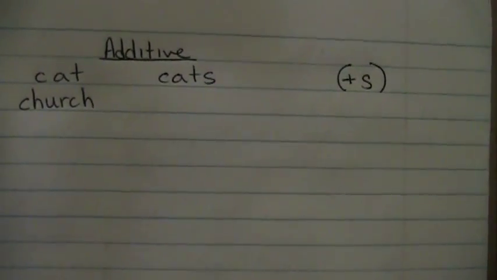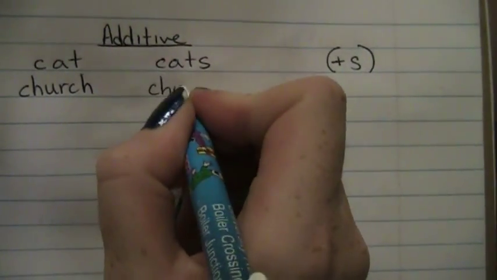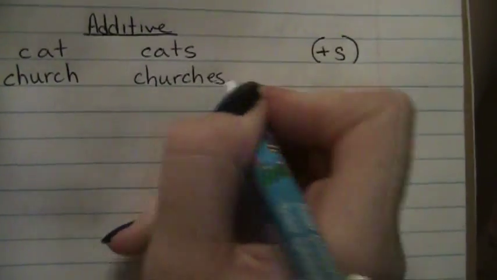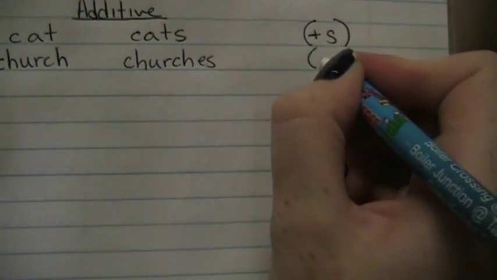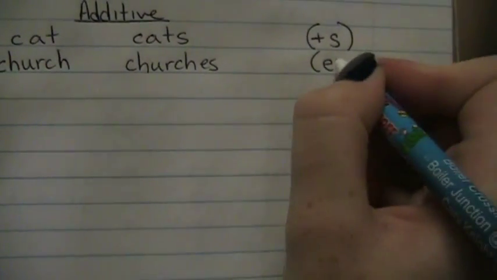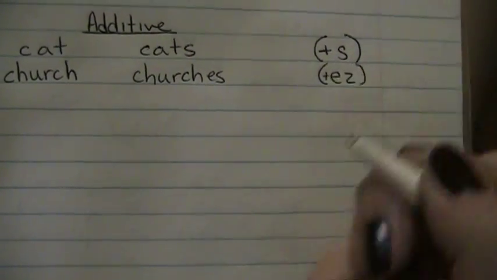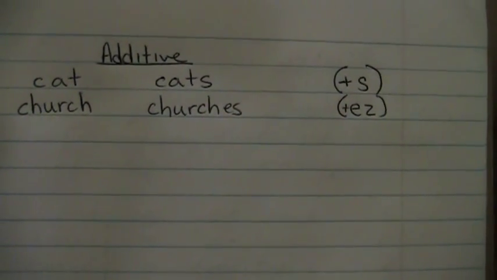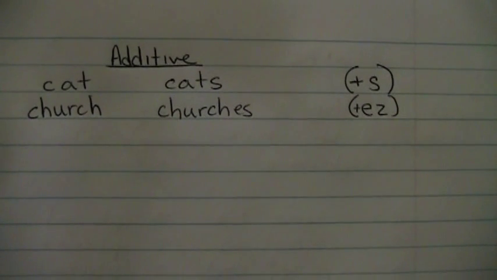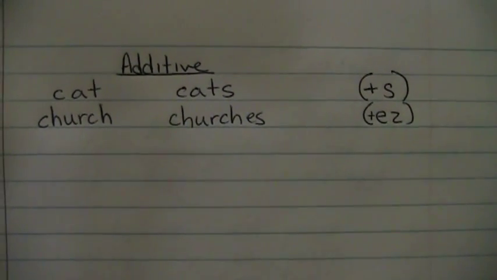We have a word such as church. The plural is churches. So we have two additive patterns in English.